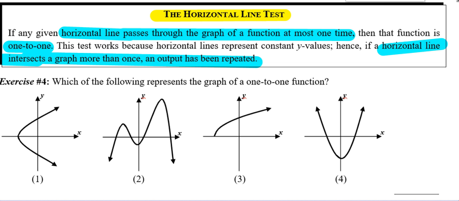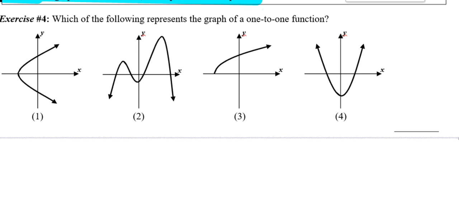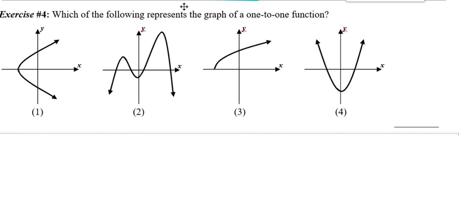So exercise 4 says, which of the following represents the graph of 1-to-1 functions? Before we answer exercise number 4, I'm going to scroll down here and give us some different information. To identify a function, it has to pass the vertical line test.